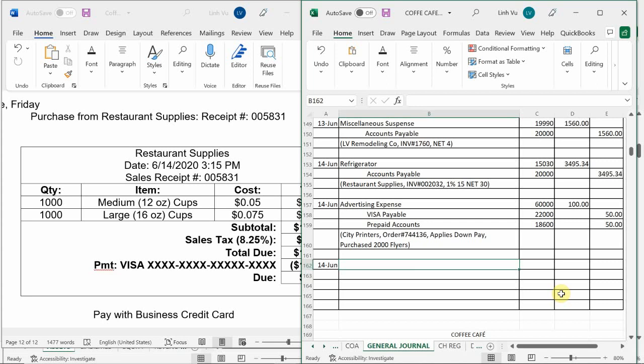What did I buy here at Restaurant Supplies?